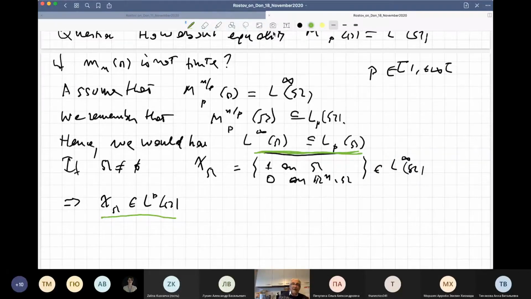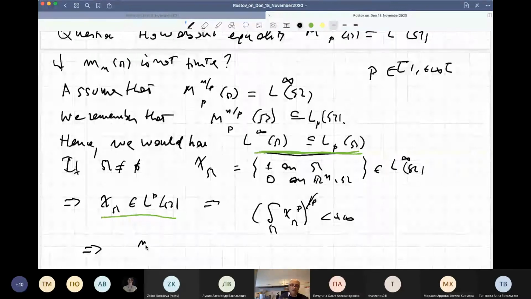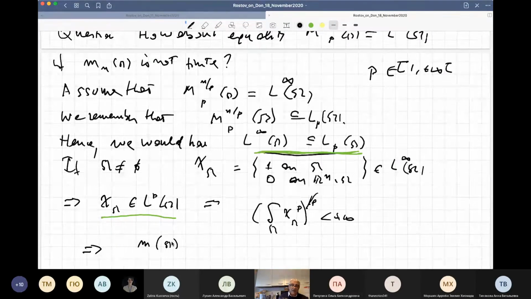And then what happens? The integral of K omega to the 1 over P is finite. But this implies that the measure of omega to the 1 over P is finite. So the volume is finite.